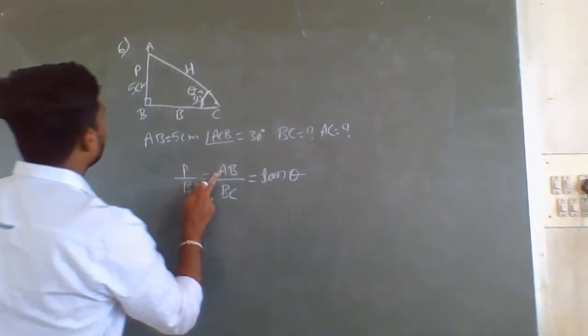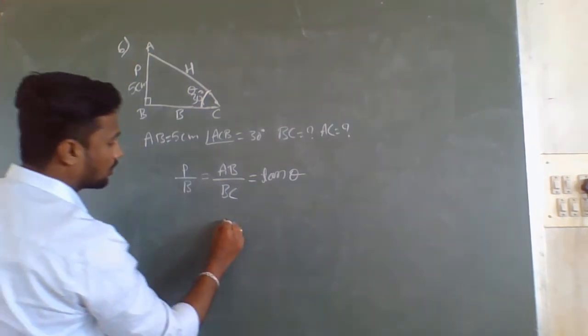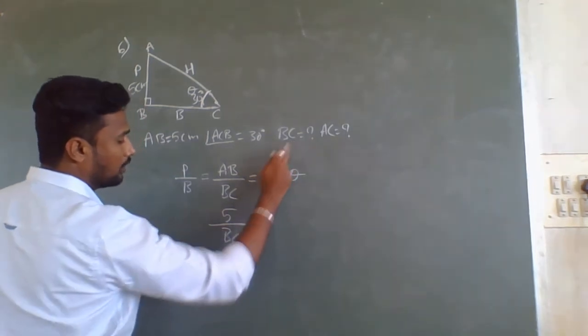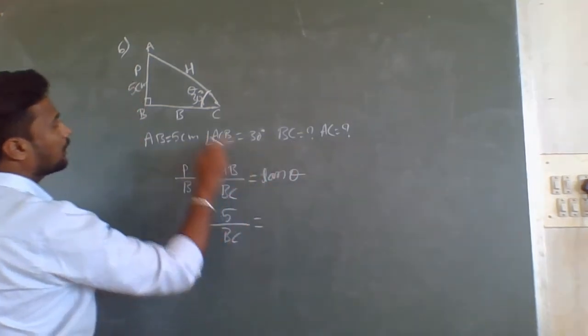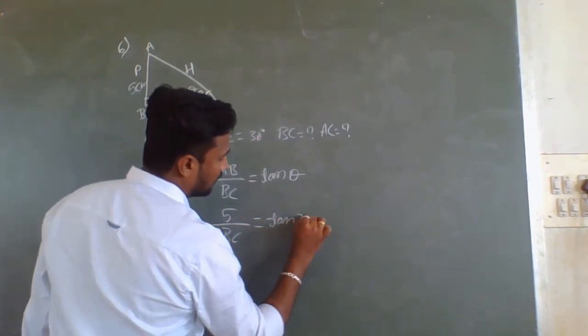So here they have given the length of AB. What is the length of AB? 5 centimeter. So 5 by BC, because we have to find the length of BC, and here the theta value is 30 degree. So I will write it as tan 30 degree.